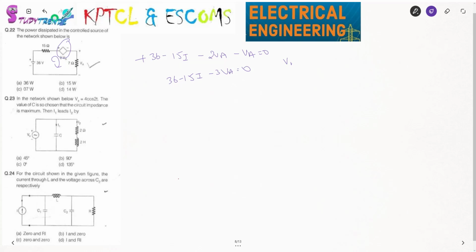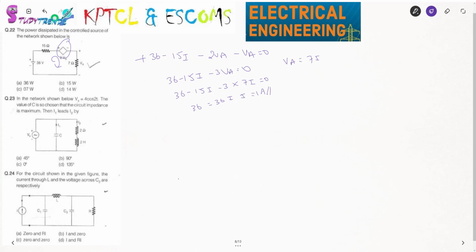We know that VA is equal to 7I, right? So applying 7I, 15I minus 3 into 7I is equal to 0. 36 is equal to 36I, I is equal to 1 ampere, right?